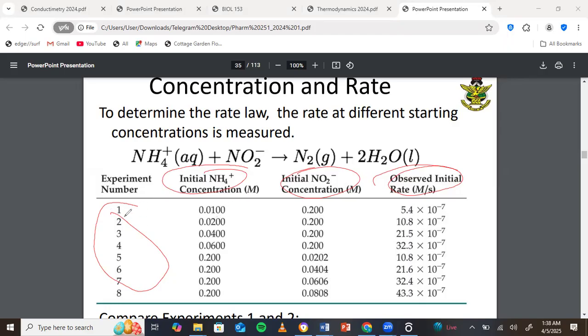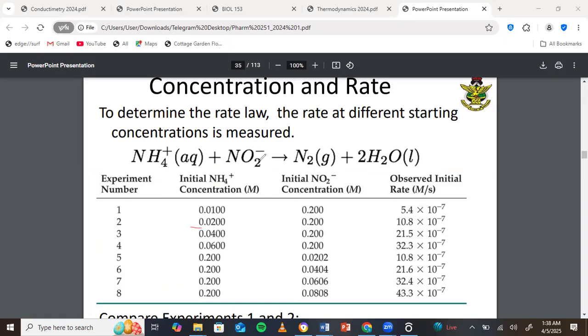And so for the first experiment, we have 0.01 molar of the ammonium ion, and the NO2 minus ion, we have 0.2 of it, and then this is the rate. Now, for us to be able to determine the effect of a single factor on the rate, we compare 2 experiments, and in the 2 experiments we are comparing, the other factor is maintained constant.